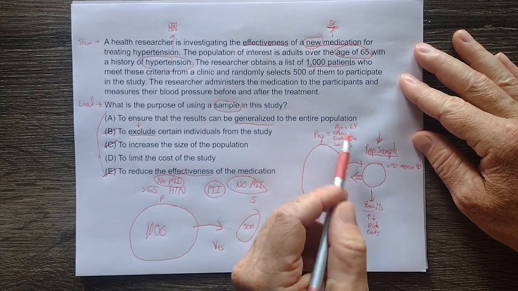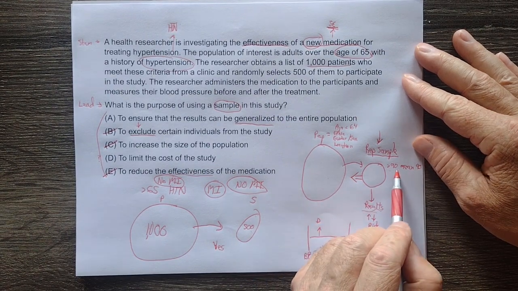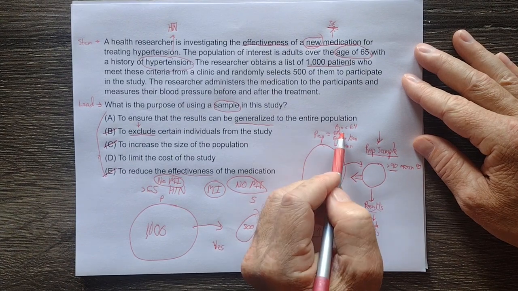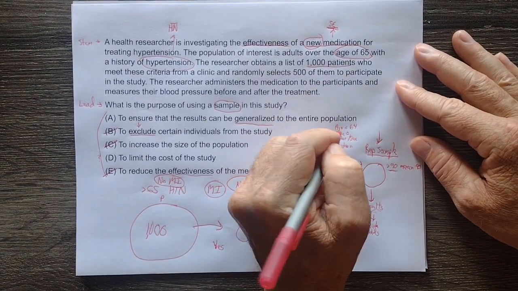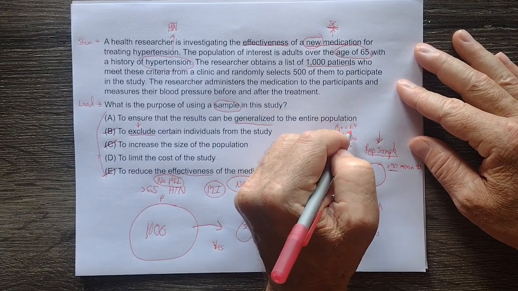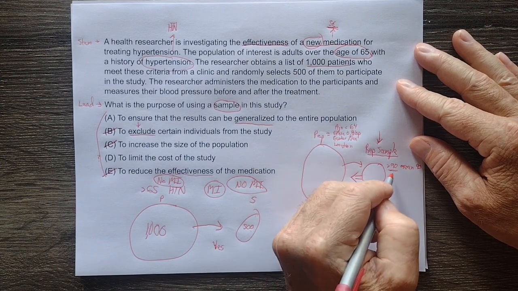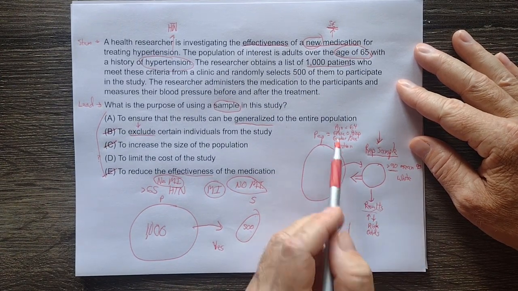Is that the same? Can we compare the results in a sample that has a mean age of 90 to a population whose mean age is 64? What if the ethnicity in this population was mostly Hispanic, and in the sample it was mostly white? So is that the same?